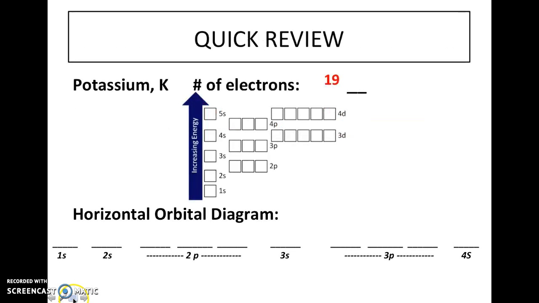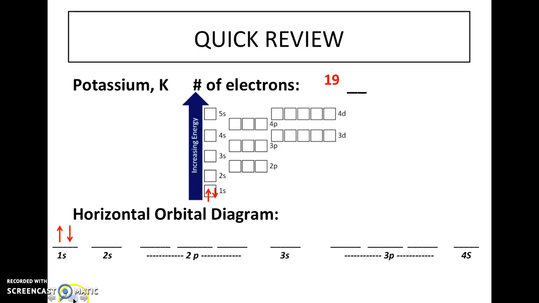Quick review, potassium has 19 electrons. When we are filling in our orbital diagrams, we start at the lowest energy level, which is energy level 1, and we start in the lowest energy sublevel, which puts us in energy level 1, sublevel S. So there's the first electron. We look to see if there's another orbital in 1s. There's not, so we have to buddy up.